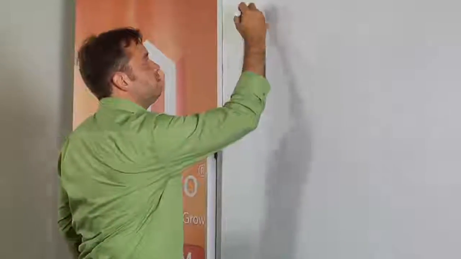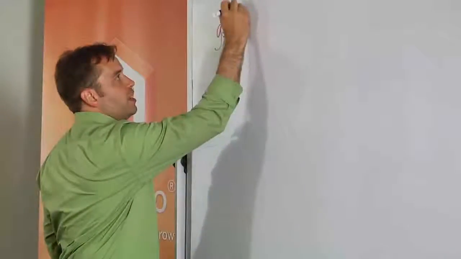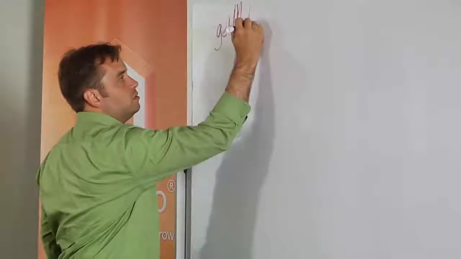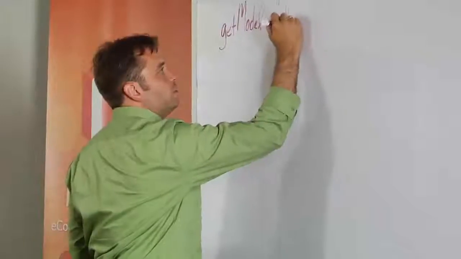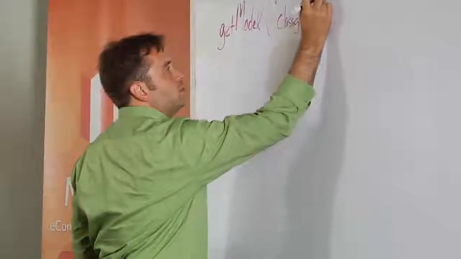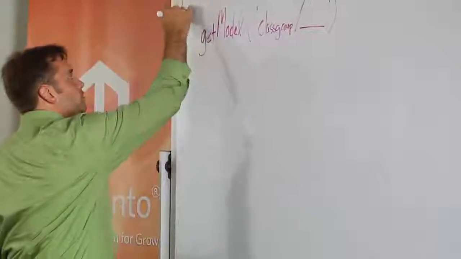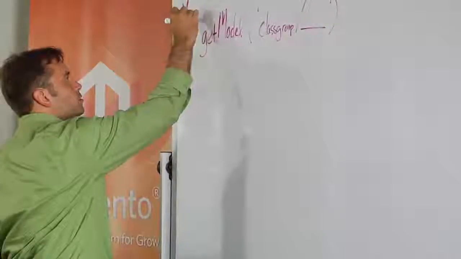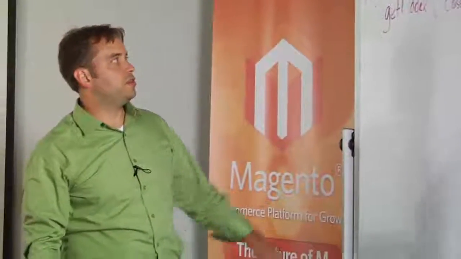This is not a complete list. So you can have Mage::getModel, and then a class group. So these are all static method calls, which is why we use the double colon.